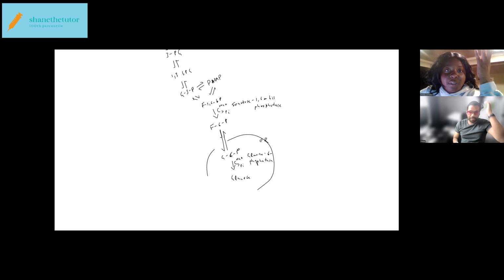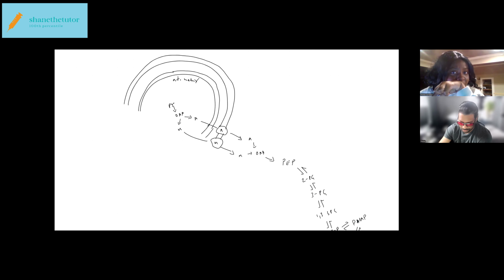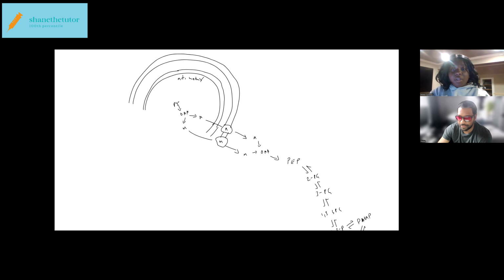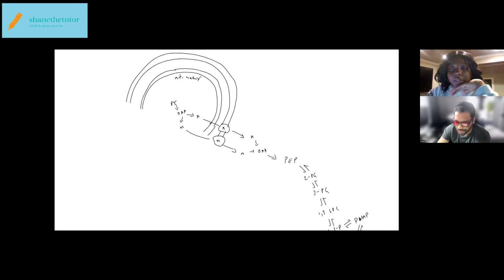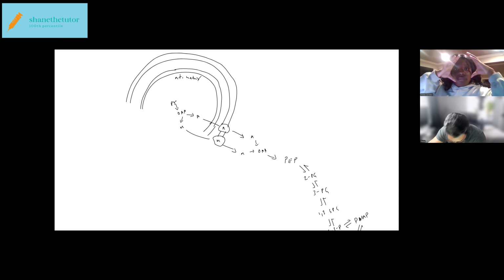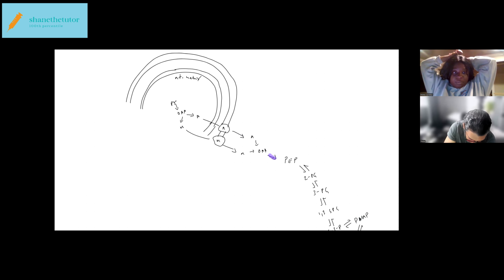So this is basically the reverse of glycolysis, correct, except that where there's a kinase, there's a phosphatase in its place. Yep. So essentially for the irreversible steps here, I'll label them in purple.